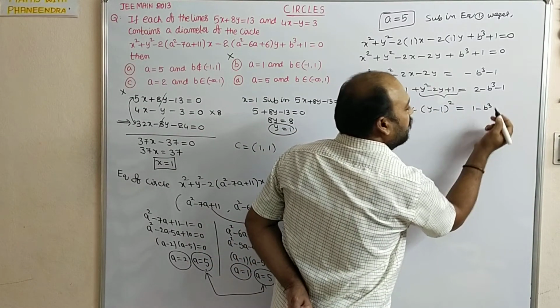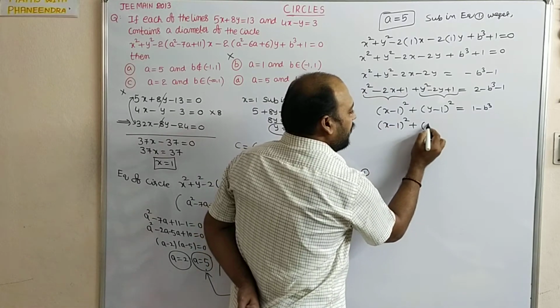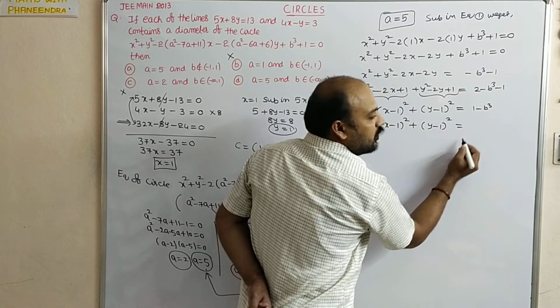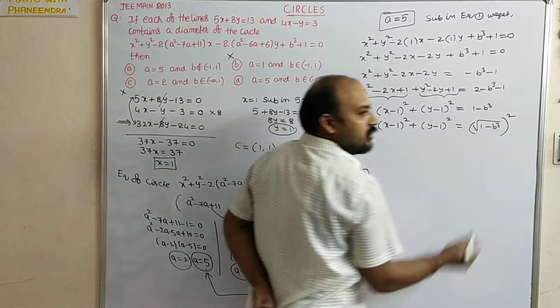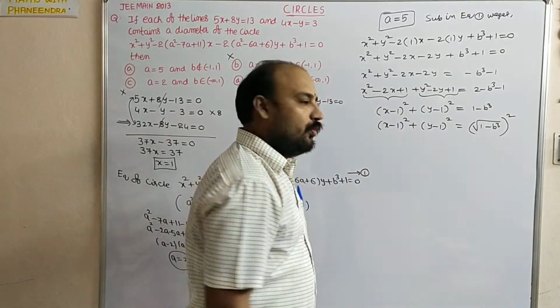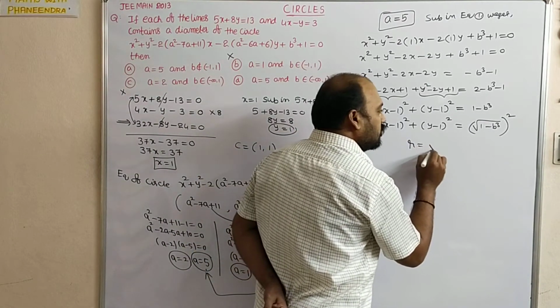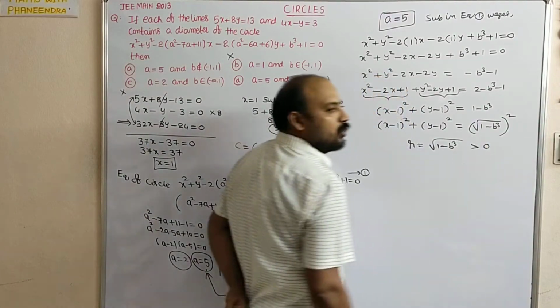1 minus b cube. That also can be written as x minus 1 whole square plus y minus 1 whole square is equal to square root of 1 minus b cube whole square. We know that the value of radius is always greater than 0. So here radius r equals square root of 1 minus b cube, which is greater than or equal to 0.